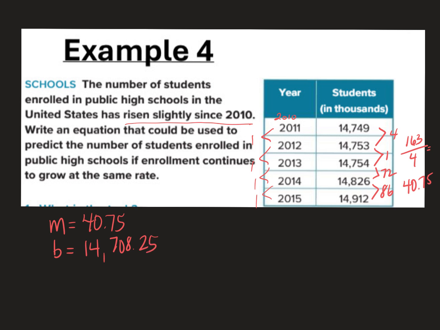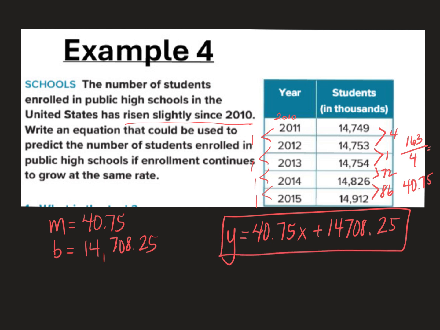So I can write the equation in slope-intercept form. Y equals 40.75x plus 14,708.25. That's going to be my answer.